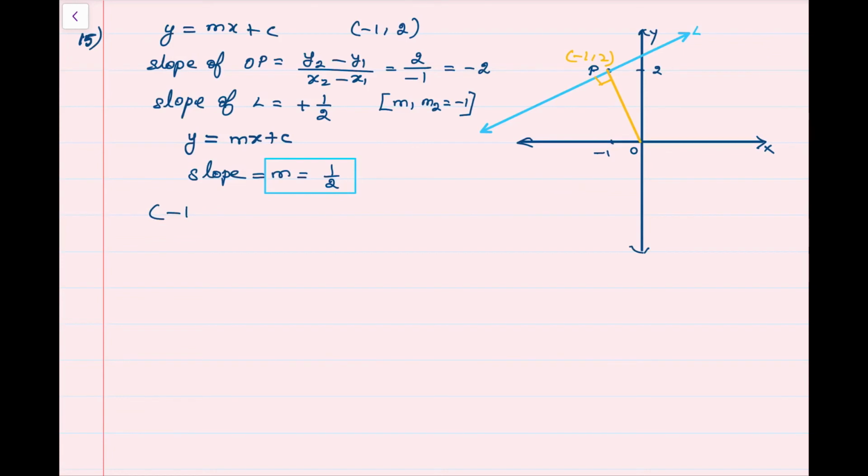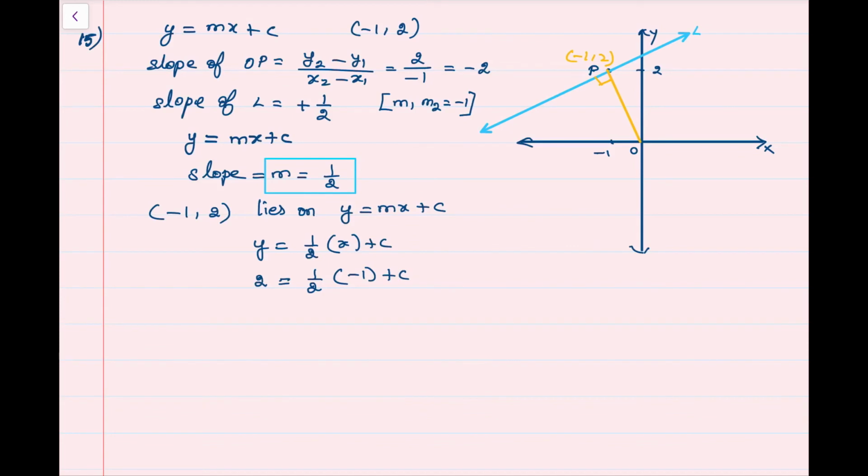Now, the point minus 1, 2 lies on the given line y equal to mx plus c. y is equal to, m value is half. Now, we will substitute for x and y. 2 is equal to half into minus 1 plus c.